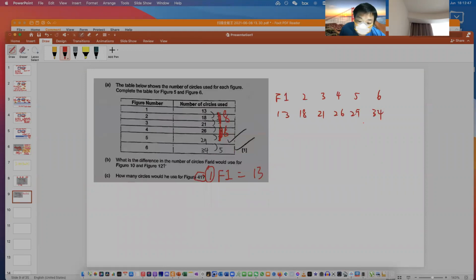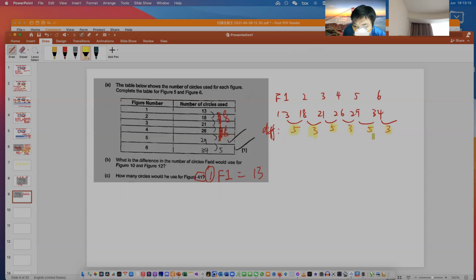So the question given is this. You will see that you have 5 here, the difference, and you have 3 here, you have 5 here, you have 3, and then of course you have 5. So you will continue to see such a pattern. The difference will alternate between 5 and 3.